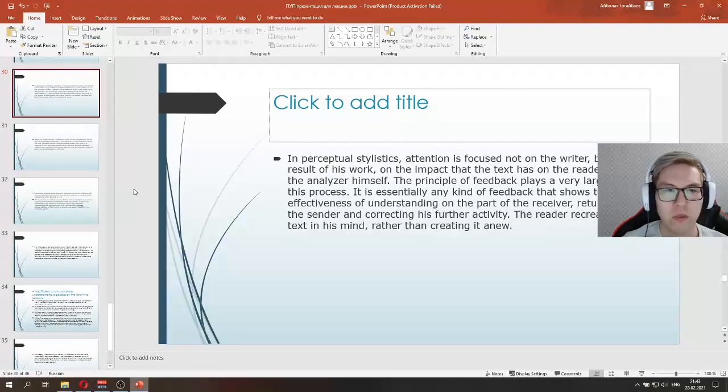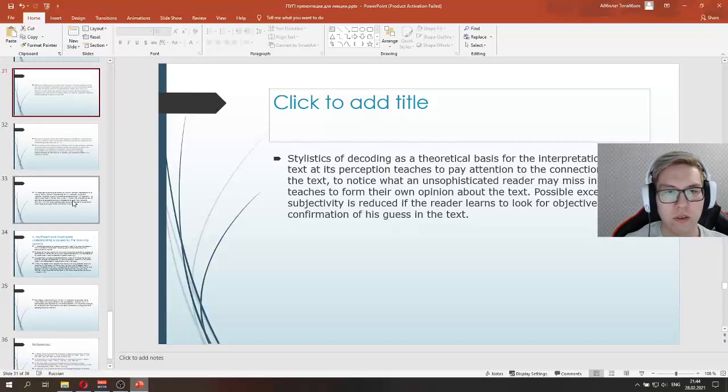The principle of feedback plays a very large role in this process. It's essentially any kind of feedback that shows the effectiveness of understanding on the part of the receiver, returning to the sender, and correcting his further activity. The reader recreates the text in his mind rather than creating it anew.